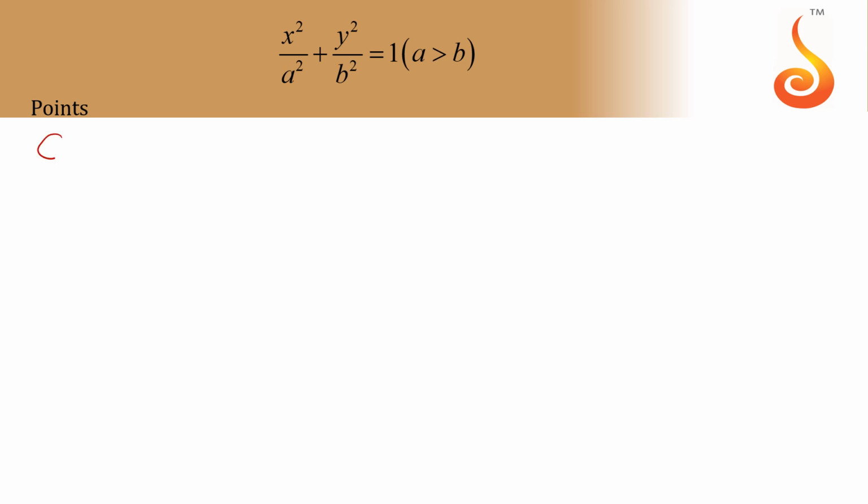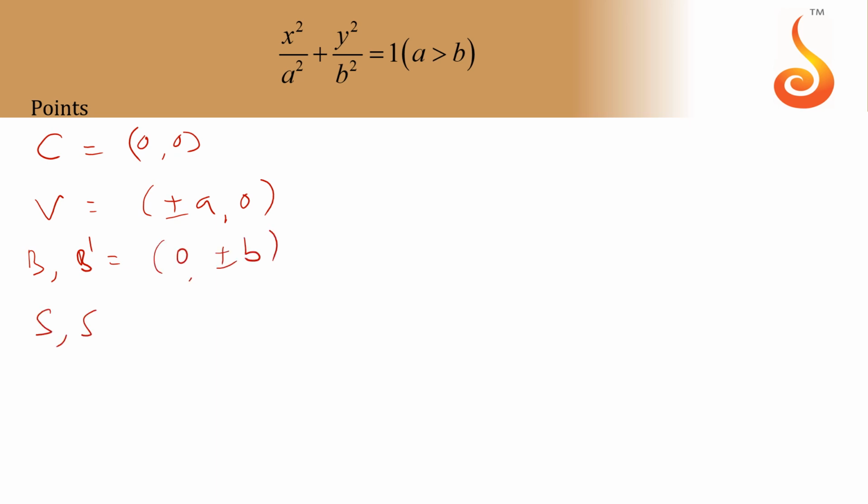The center will be the origin, the vertices will be plus or minus a comma 0, and B and B dash on the minor axis are 0 comma plus or minus b. The foci S and S dash are plus or minus ae comma 0, and the directrices are plus or minus a by e comma 0.